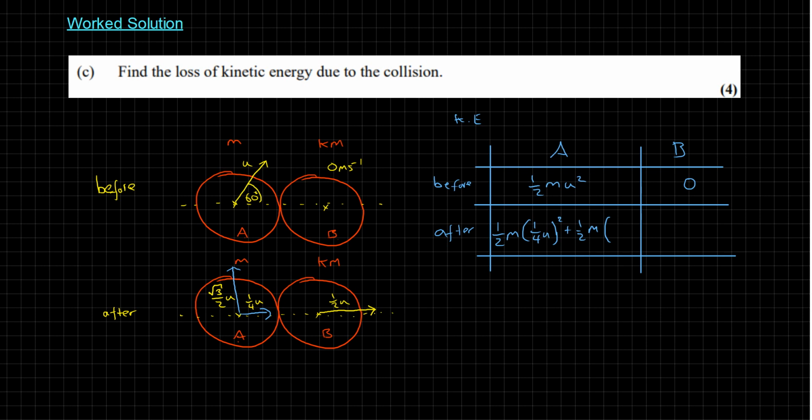So that's basically 3 over 4 times u squared. And then for b, we've got a half times km, and k was a half, so there's a half times m times the speed, which is a half u all squared.